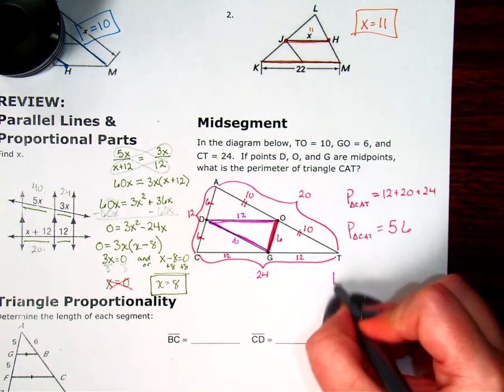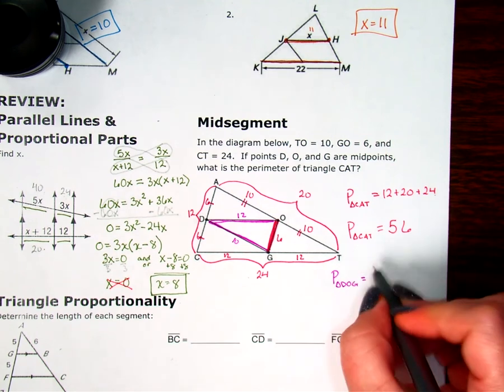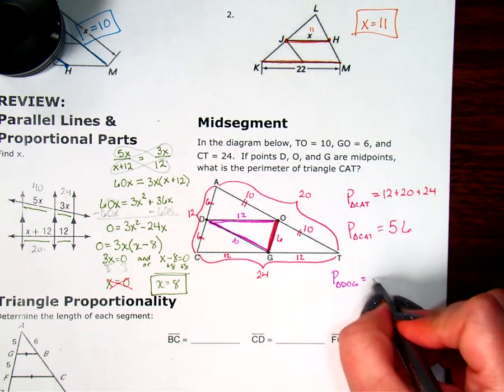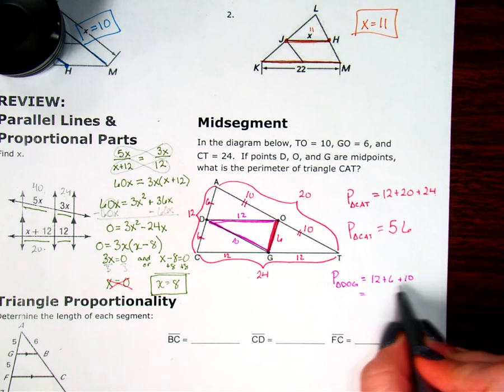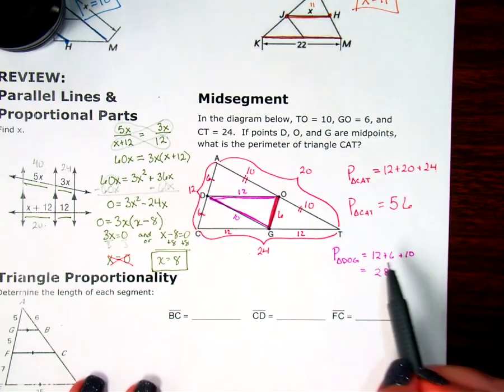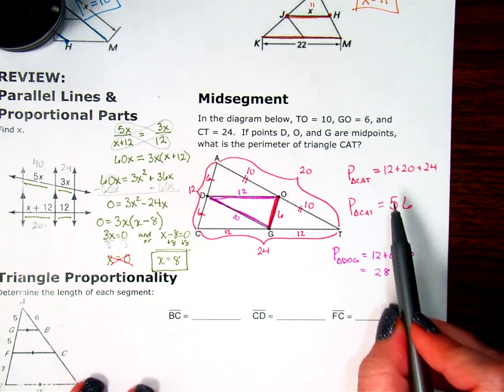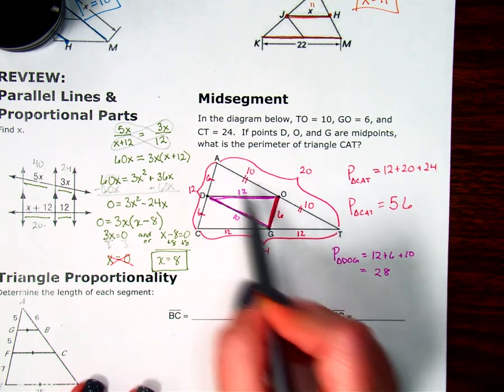So my perimeter for triangle DOG is going to be 12 plus 6 plus 10, which is 28.